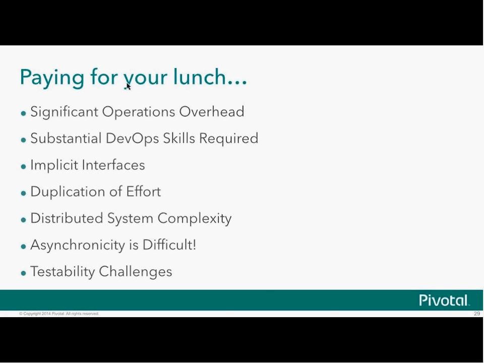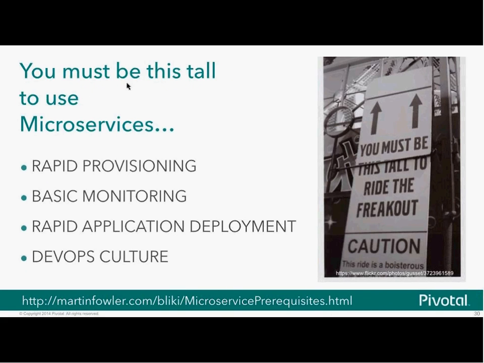And Martin Fowler carries this a little bit further with this idea of, if you think about the carnival ride with the sign that says you must be this tall to ride the ride, he makes this statement that you must be this tall to use microservices, that there's just a few basic disciplines that you're going to have in place to be able to build and deploy and keep alive an architecture like this.